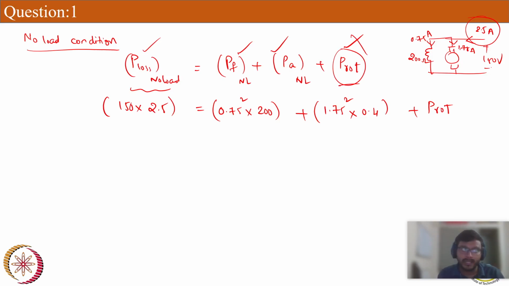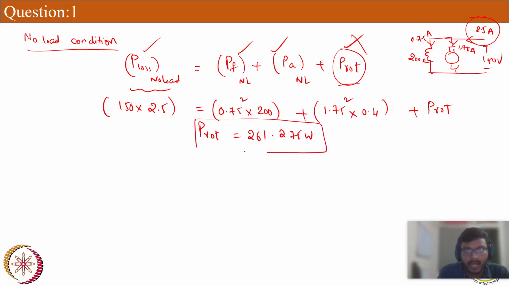You can match the answers. That is 150 into 2.5, which is 375, minus 0.75 square into 200, minus 1.75 square into 0.4. How much are you getting for rotational losses? 261.275 watts. So please tally this value with me.